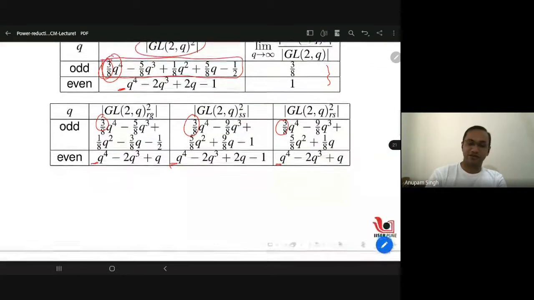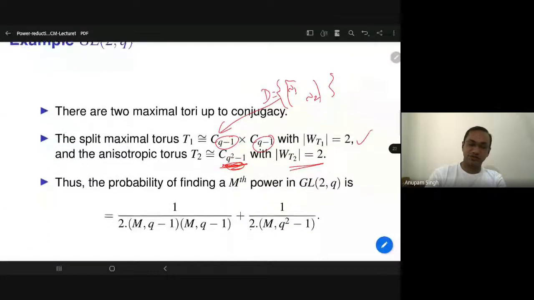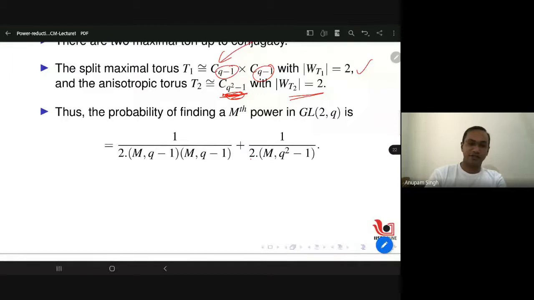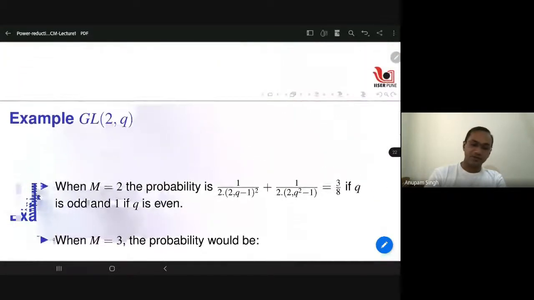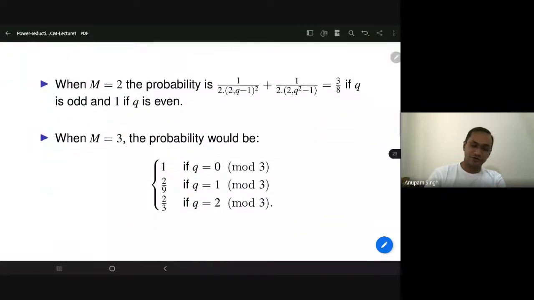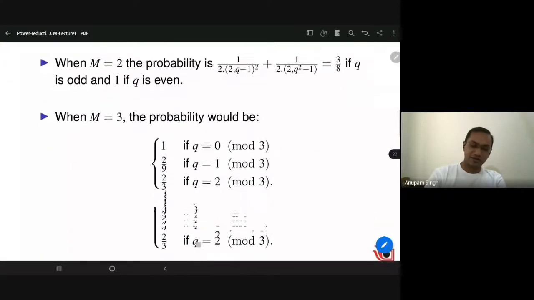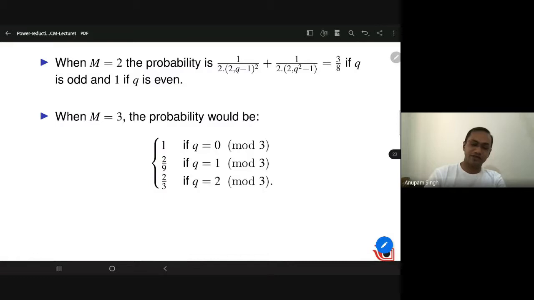Yeah, so this explains the formula, and this also shows by the brute force method that the formula is correct, at least in one case. You can also compute, if you feel happy to compute, for 3. In 3, you will get 3 different values, 1, 2 by 9, and 2 by 3, depending on whether q is 0 mod 3, 1 mod 3, or 2 mod 3.